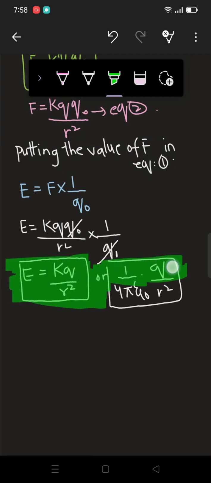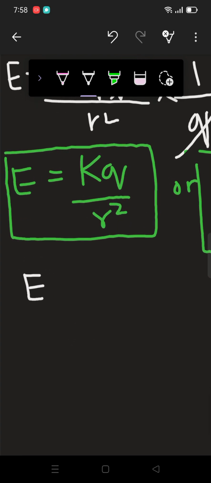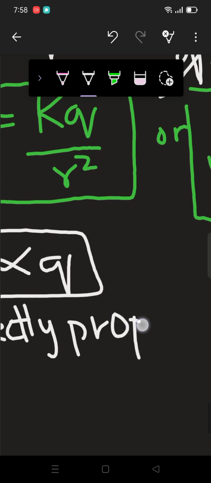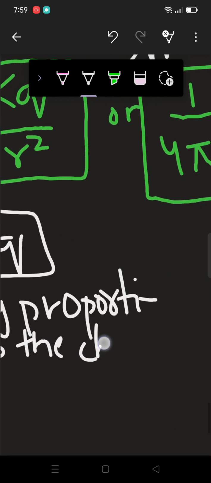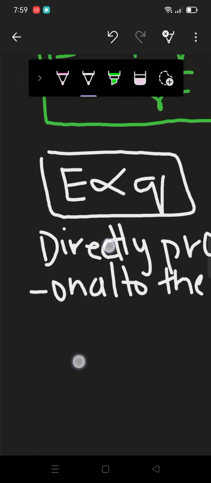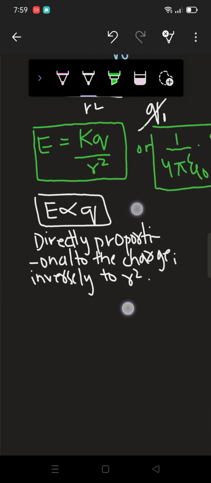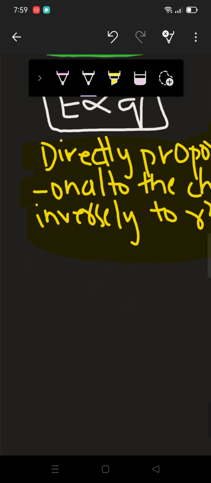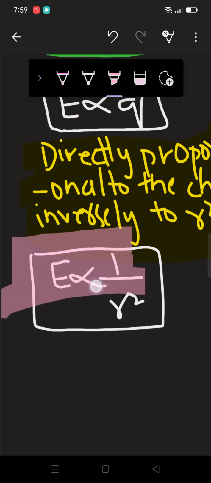So here we have got that electric field intensity is directly proportional to the charge, however it is inversely proportional to the square of the distance, r square. Let me highlight this as well.